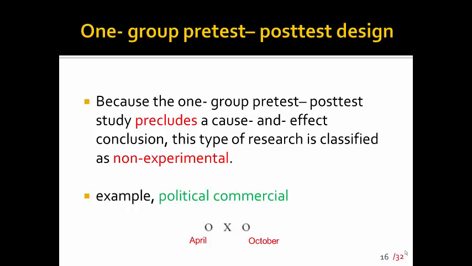The difference between pre-test and post-test cannot be necessarily attributed to your commercial, because there are so many events that happen between the pre-test and post-test that could have caused the popularity of the candidate to go up or down. That has nothing to do with your political commercial or your treatment.